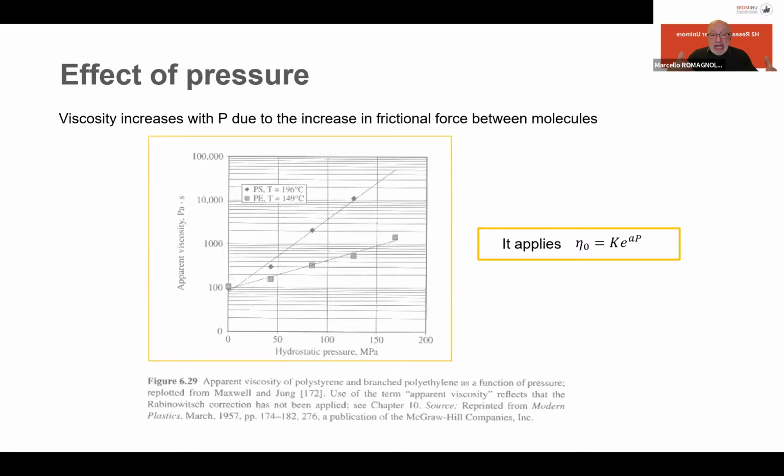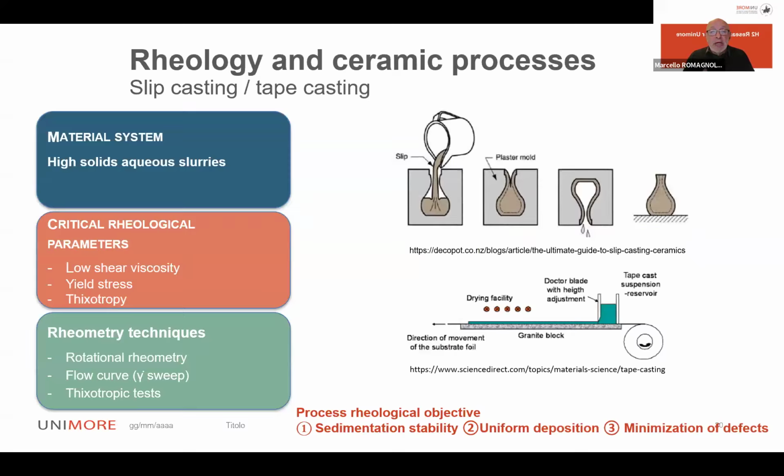The pressure can also change the viscosity, but we must see very big variations of the pressure just to see evident small variations of the viscosity. But this could be important in some processes, for example, injection molding.